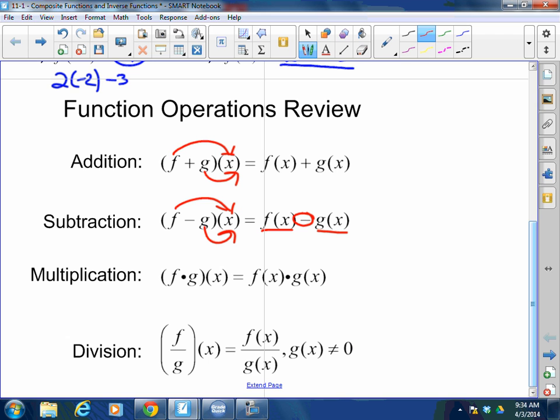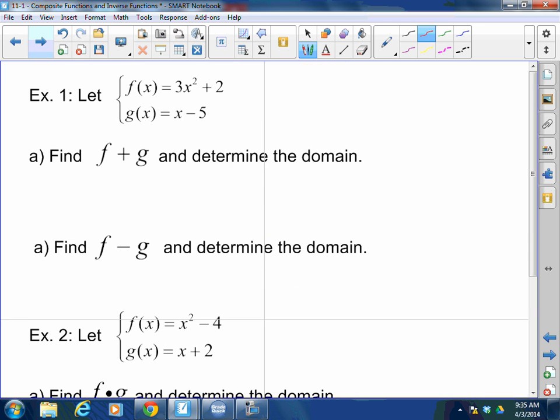When I have f times g of x, it's f of x times g of x. If I have f over g of x, that means I have f of x divided by g of x. g of x cannot equal 0, as we all know very clearly. 0 in the denominator means that it's undefined. Does that make sense? May I continue?